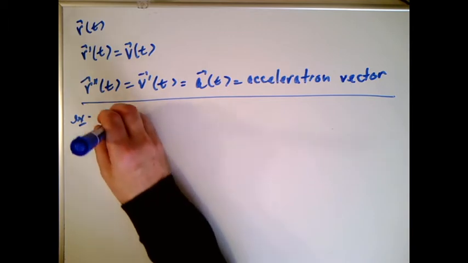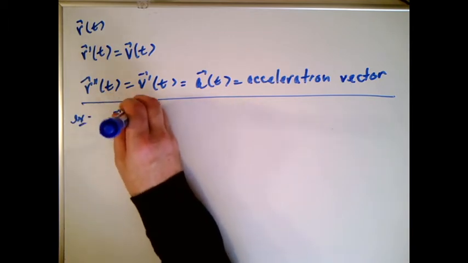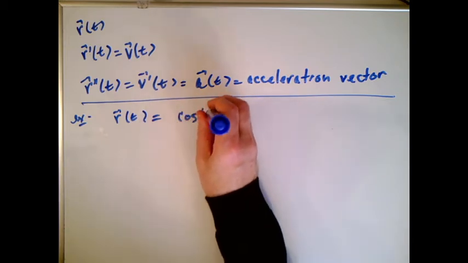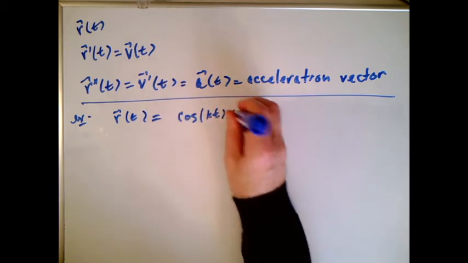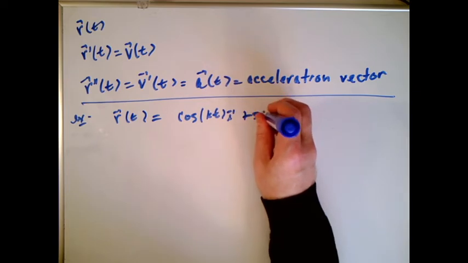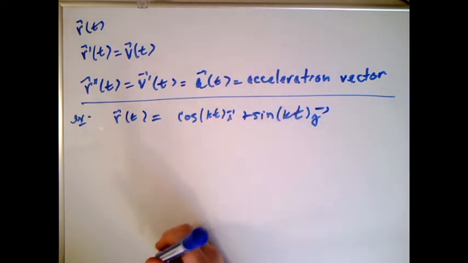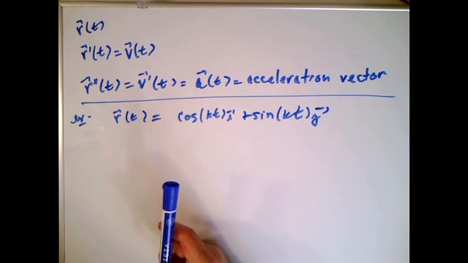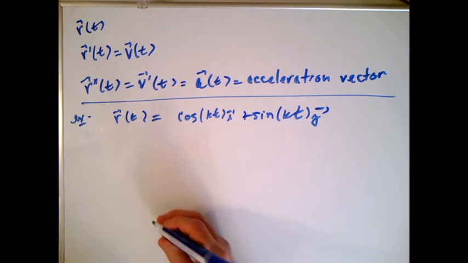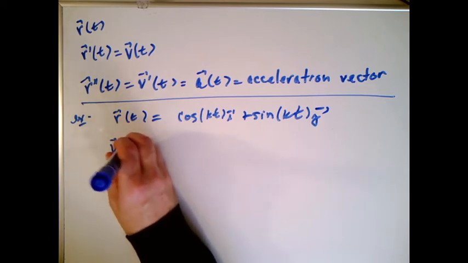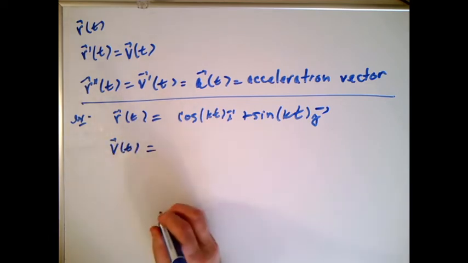We had started out with a circle like cosine kt i plus sine of kt j, and we saw that no matter what k was, that was a particle that was moving around the unit circle at constant speed. The way we did that is we took the velocity vector, which was the derivative of our function.